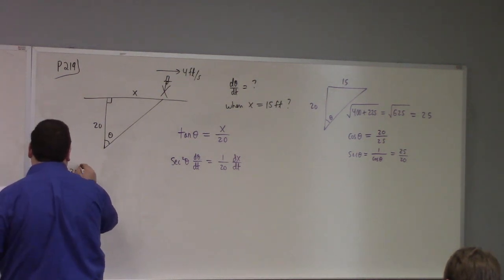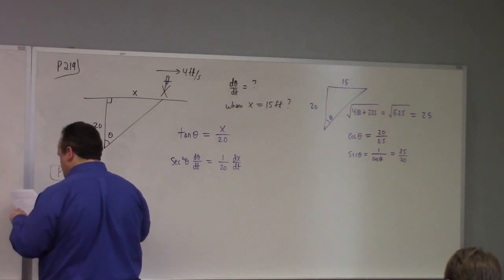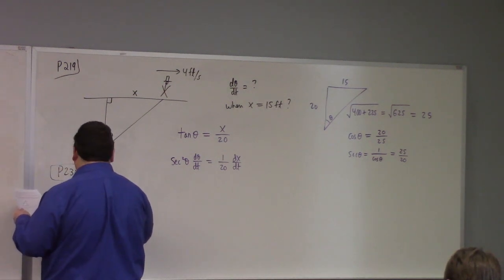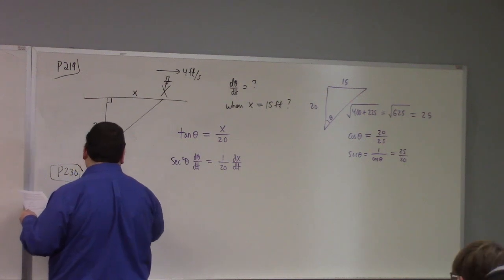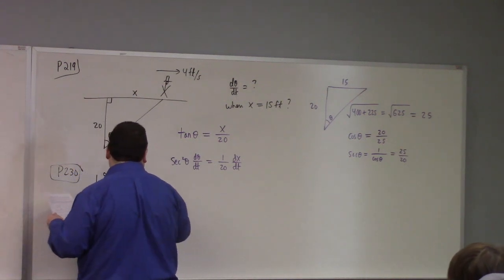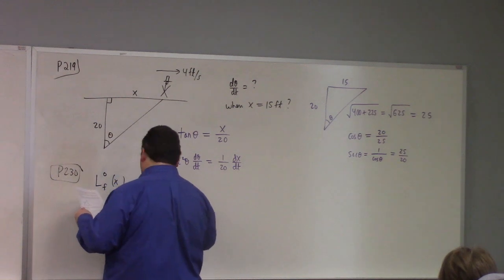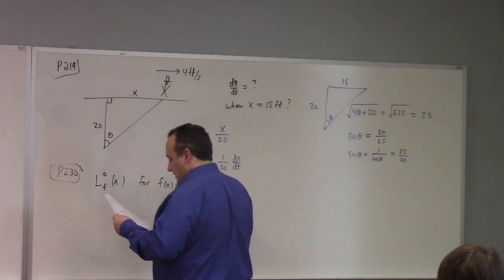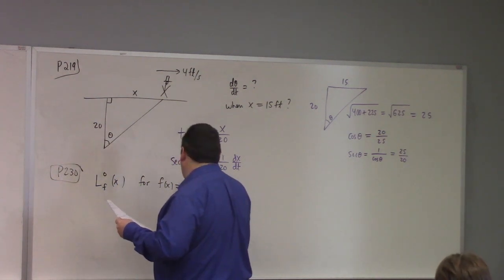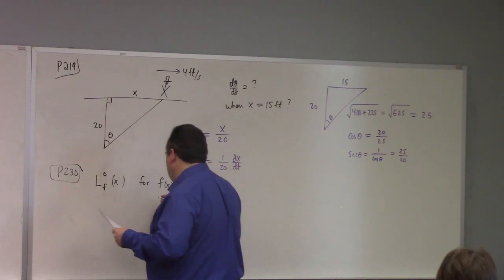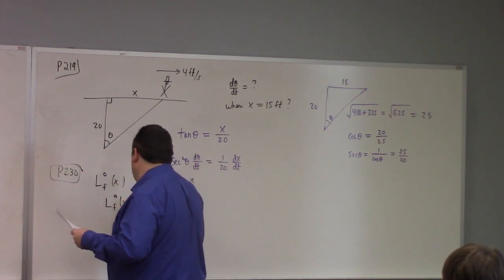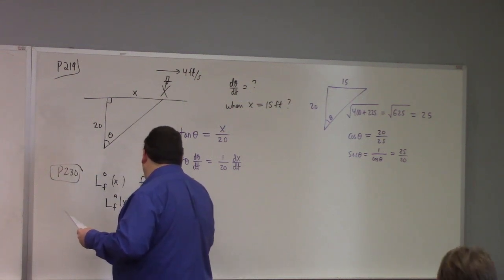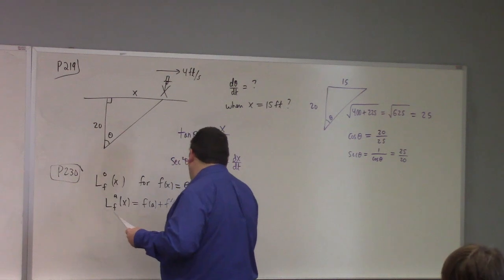Problem 230, you're supposed to find the linearization of f based at 0 for f of x equal to e to the x, right? So remember, L of x based at a is by definition f of a plus f prime of a times x minus a.